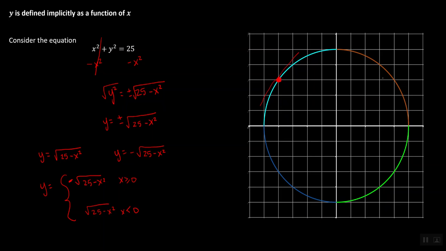And if I wanted to find the equation of a tangent line in quadrant 1, I would need to use a different function of x. So using these explicit functions that solve our equation can be cumbersome because there's so many of them.